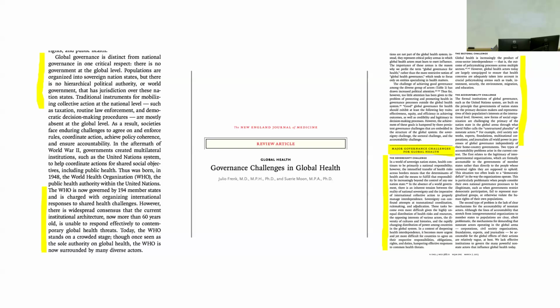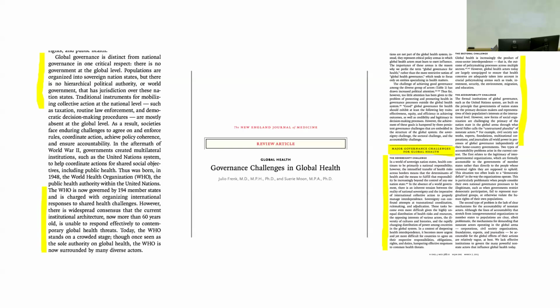The WHO, which lots of people think, well, that's where we should go, right? That's the entity. WHO is now governed by 194 member states and is charged with organizing international responses to shared health challenges. However, there is widespread consensus that the current institutional architecture, now more than 60 years old, is unable to respond effectively to contemporary global health threats.